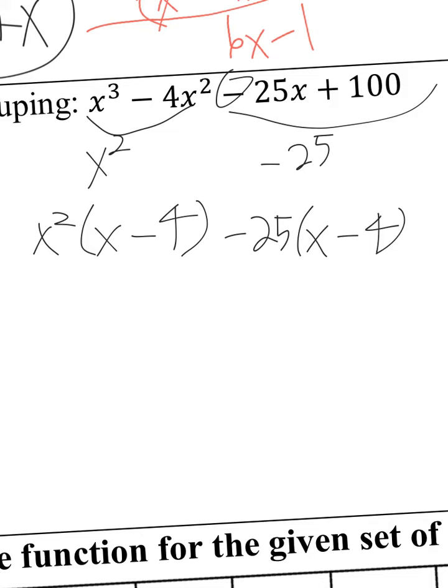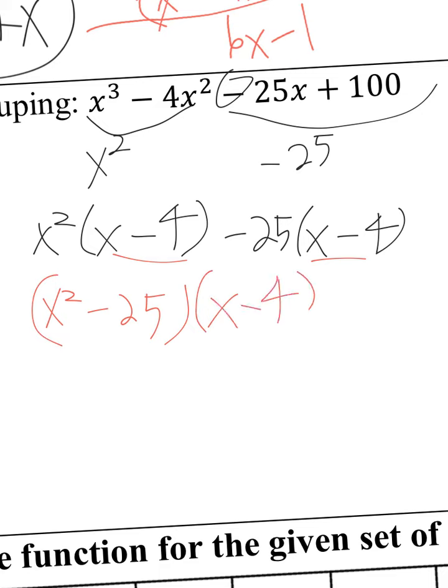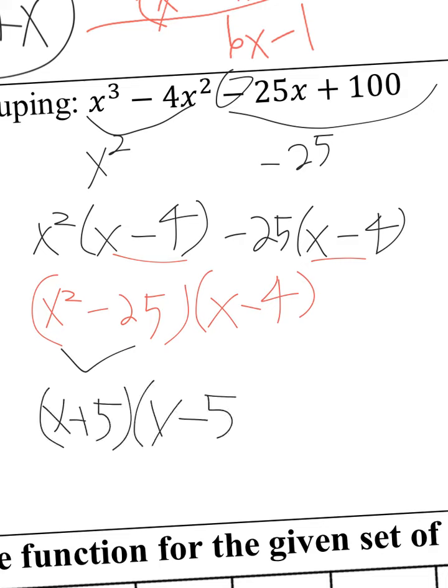The key is you have the same thing in your parentheses. So now just write it all together: x squared minus 25 times x minus 4. And this is a difference of squares, so this becomes x plus 5 times x minus 5 times x minus 4. And that's it. I'm done with it.